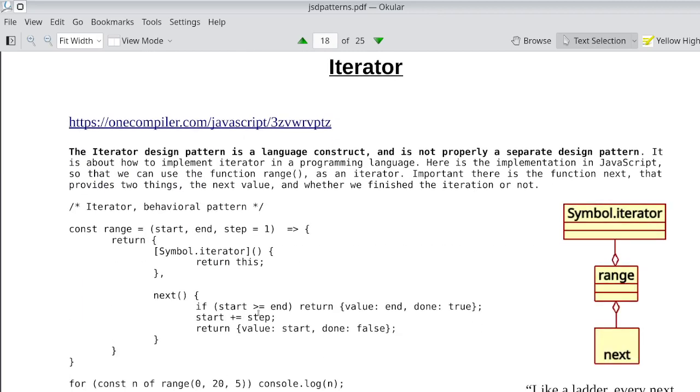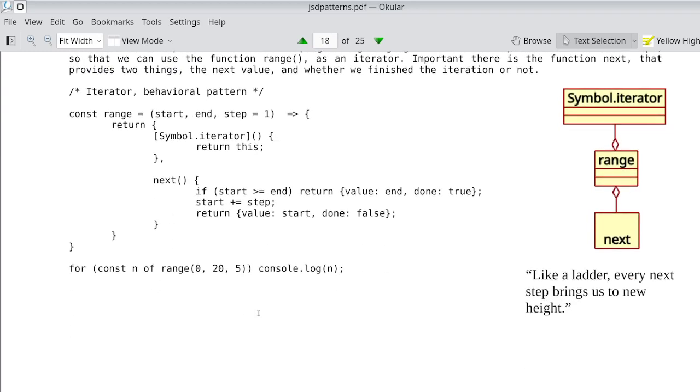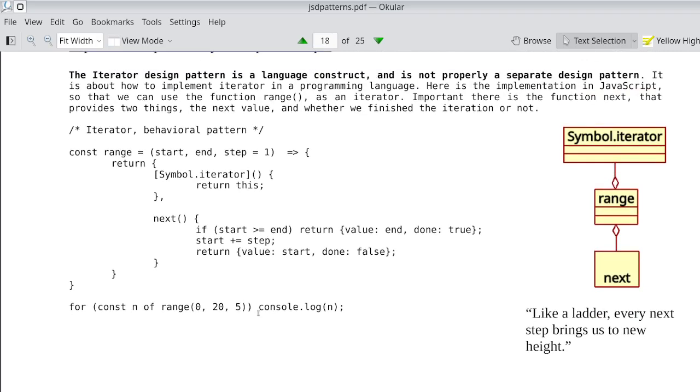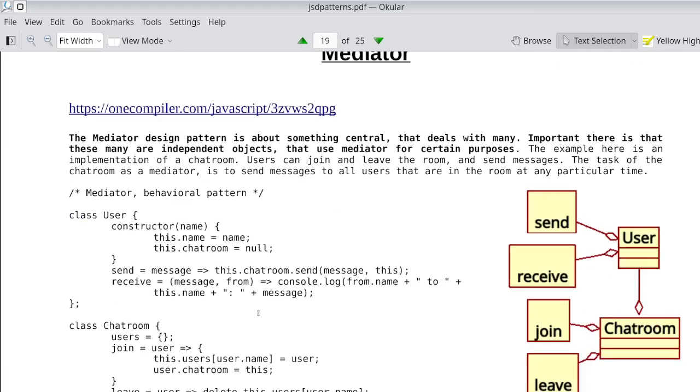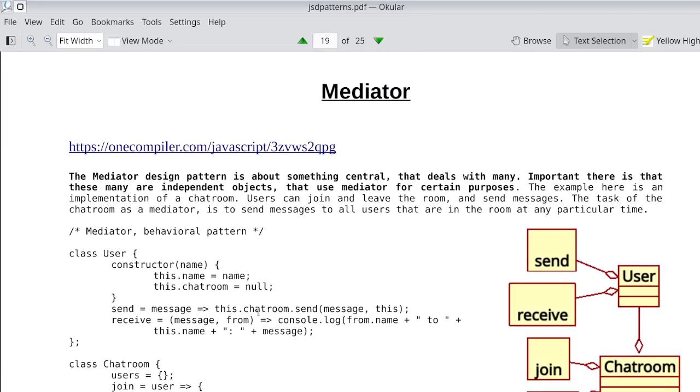The iterator design pattern is a language construct and is not properly a separate design pattern. The mediator design pattern is about something central that deals with many.